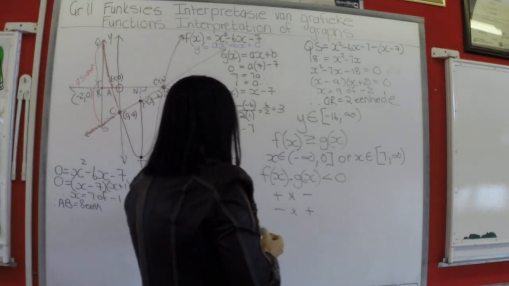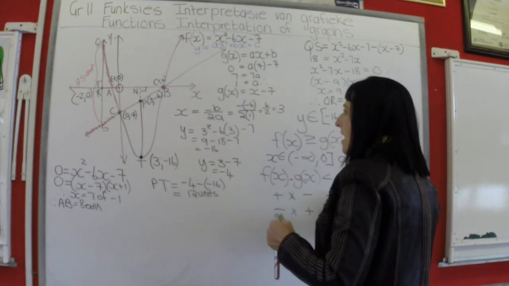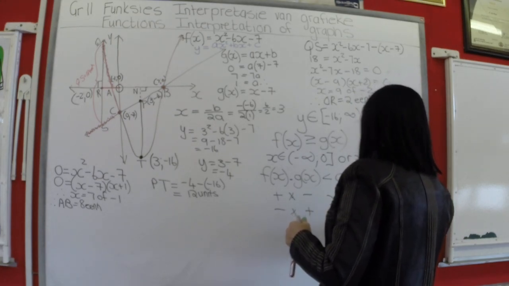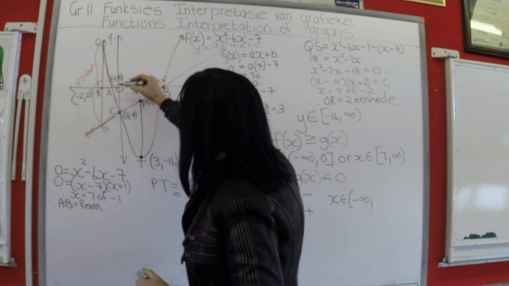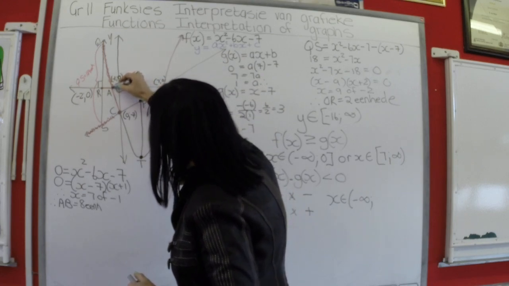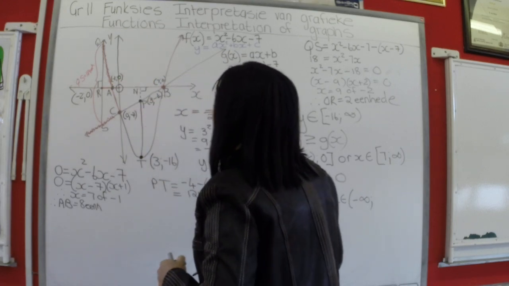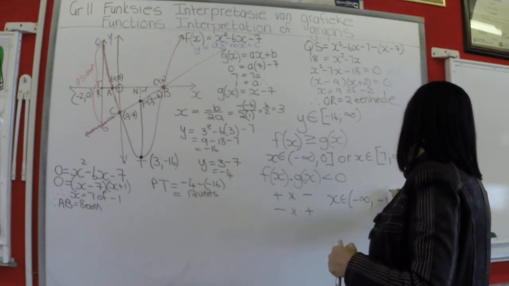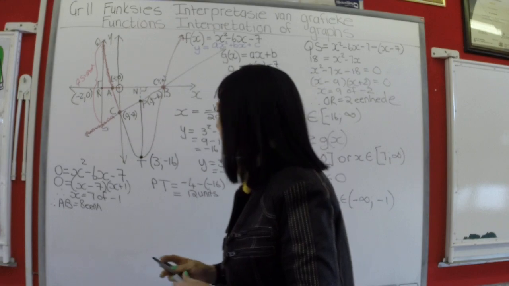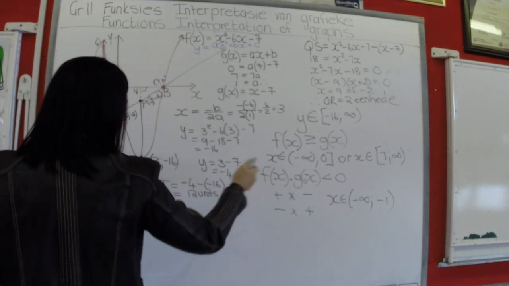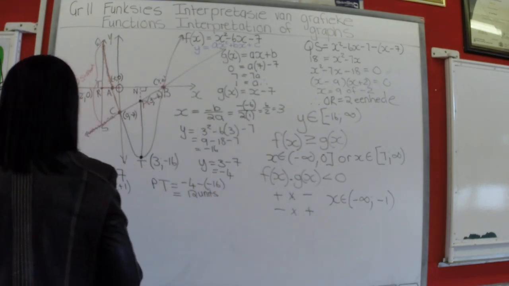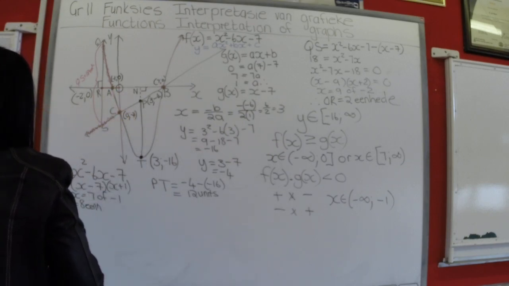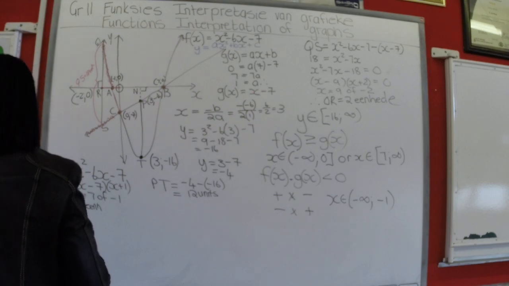So that's going to be where x equals minus infinity up to precisely there. En dit is waar my x-afsnit is vir my parabool. So dit is minus 1 en hy's nie ingesluit nie, want dan is daar nie is gelyk aan by. Dis 0 maal 'n negatief is 0.